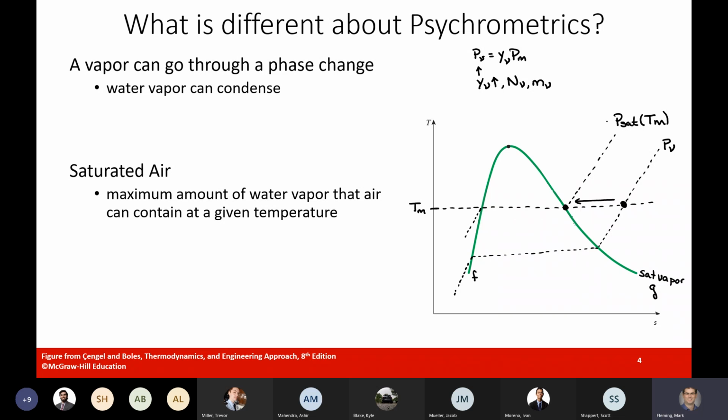Now, in terms of some nomenclature, we generally could say we can look up P sat, but for keeping things a little cleaner in terms of our nomenclature, we will refer to this as P sub G at the given temperature. Now, what is P sub G? Where does that term come from?